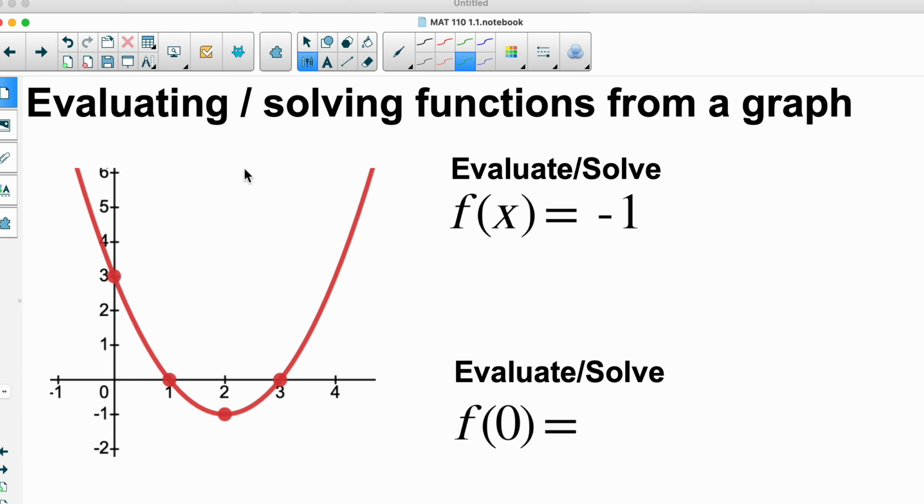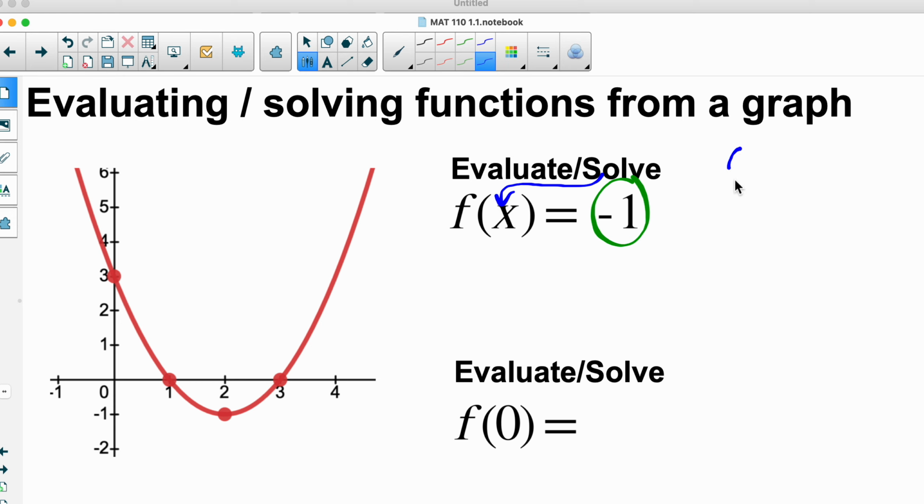Okay, and lastly, we can evaluate and solve functions using graphs. And in this case, I've not told you which one. I want you to get in the habit of being able to recognize whether I'm evaluating or solving. So in this case, I'm given the output here, and I want to solve for the input.